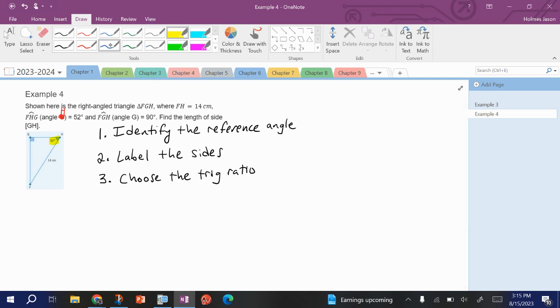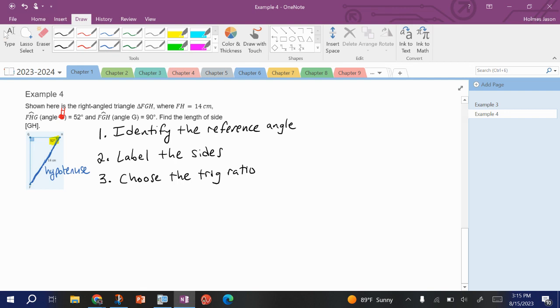Let's go ahead and label the side lengths now. The first side length that I'm going to label is this 14 centimeters. That's the diagonal, so that tells me that's the hypotenuse. It's the one that's going across from the right angle.